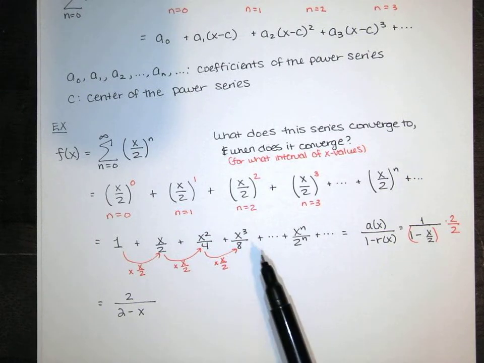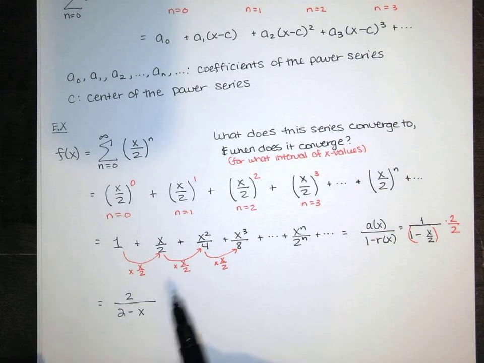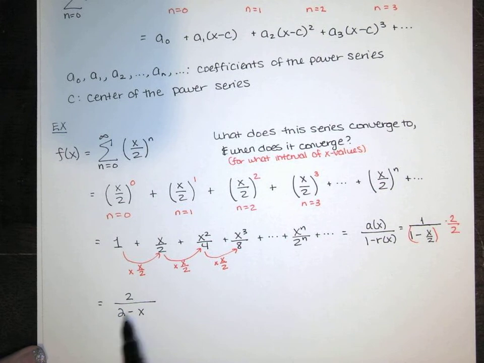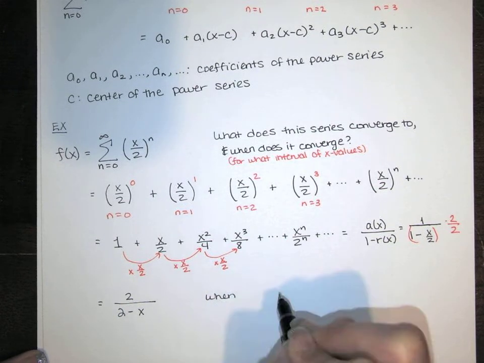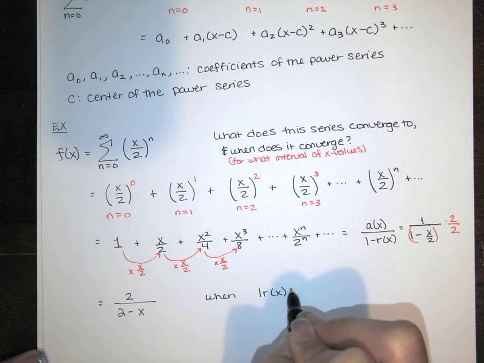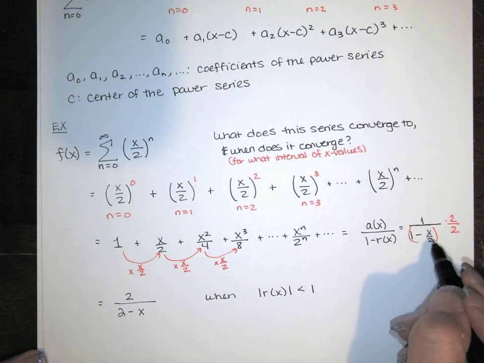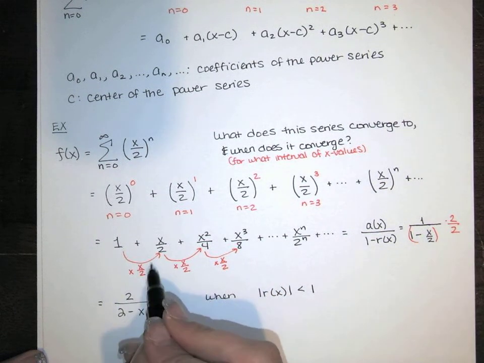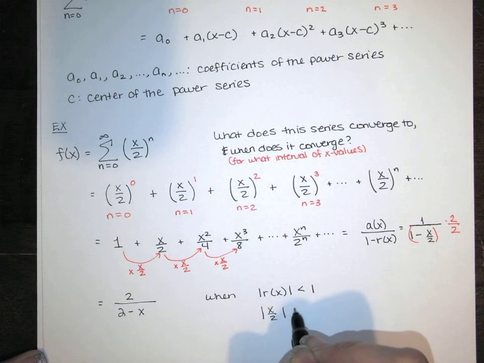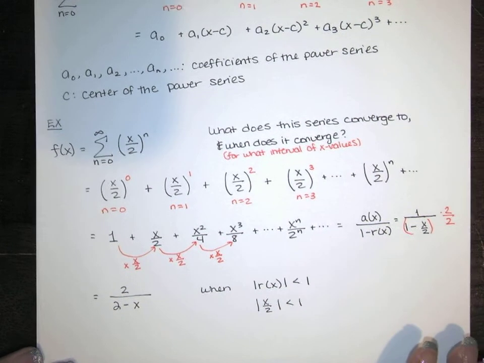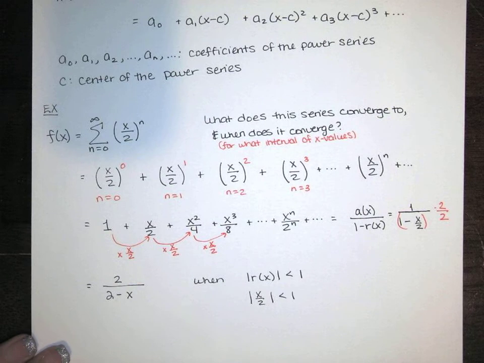So let's see when this converges to this. Well, this infinite series will converge to this when the absolute value of r of x is less than 1. And remember, r of x is x over 2. That was what we were multiplying by to get from term to term. And then remember how absolute value inequalities work.